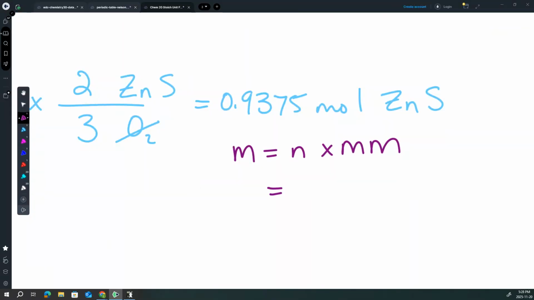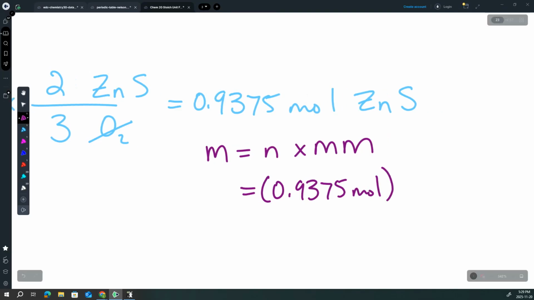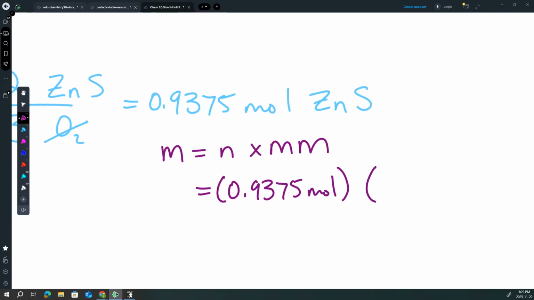So the moles of zinc sulfide times the molar mass of zinc sulfide. Once again, these have to belong to the same substance.